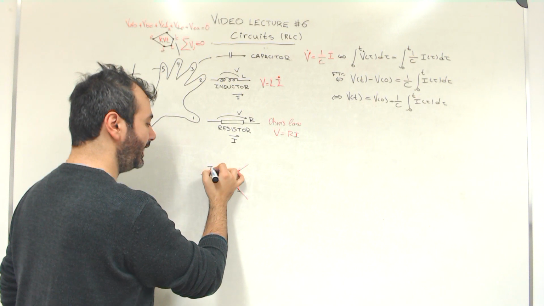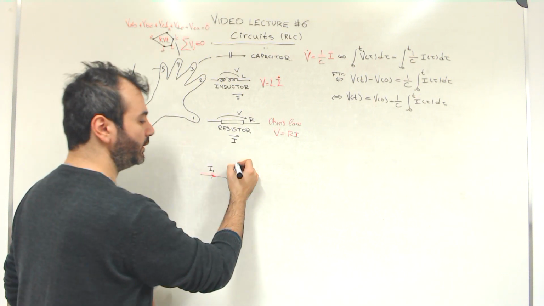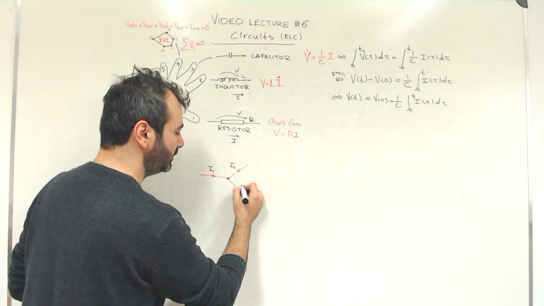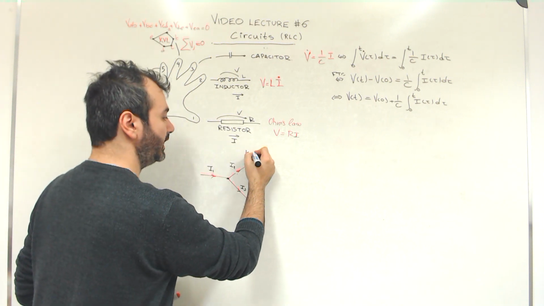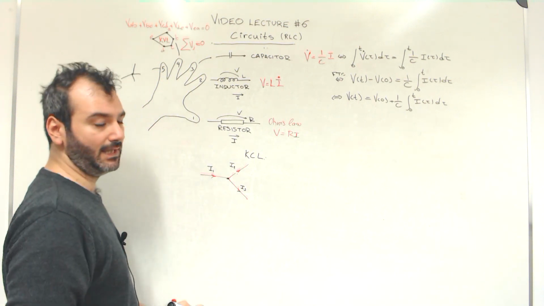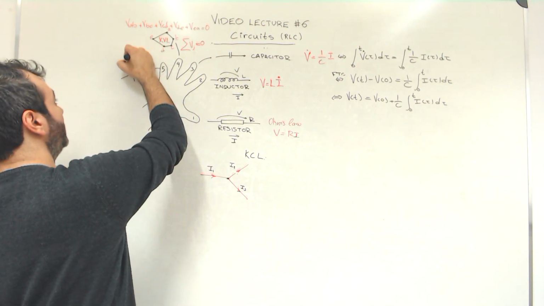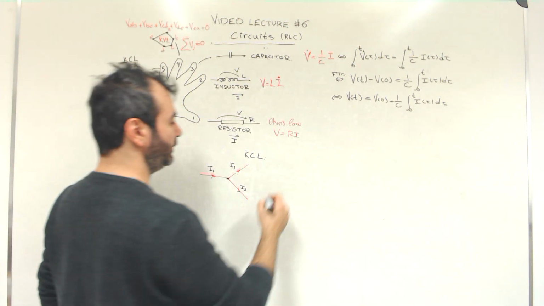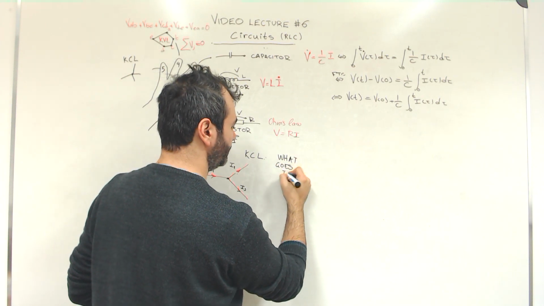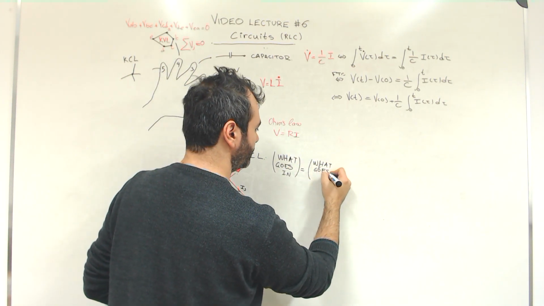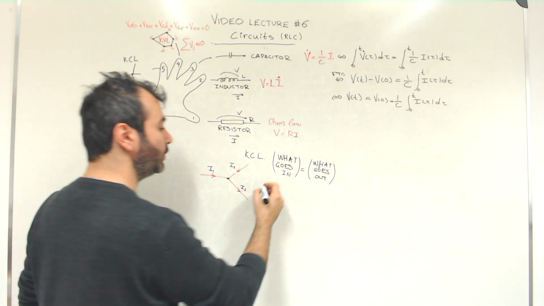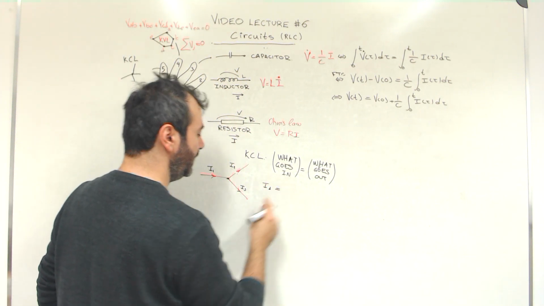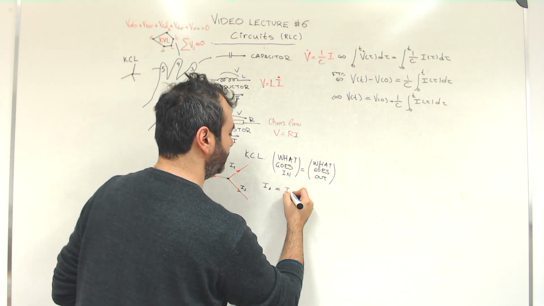And let's say that I1 is the current of one conductor, I2, I3. One possible way to write Kirchhoff's current law, KCL for short, is the following. What comes in is equal to what goes out. So I1 is what comes in, and what goes out is I2 plus I3.